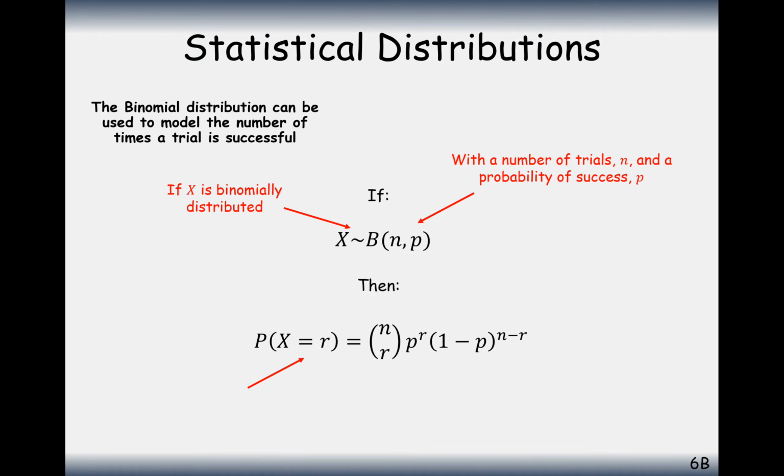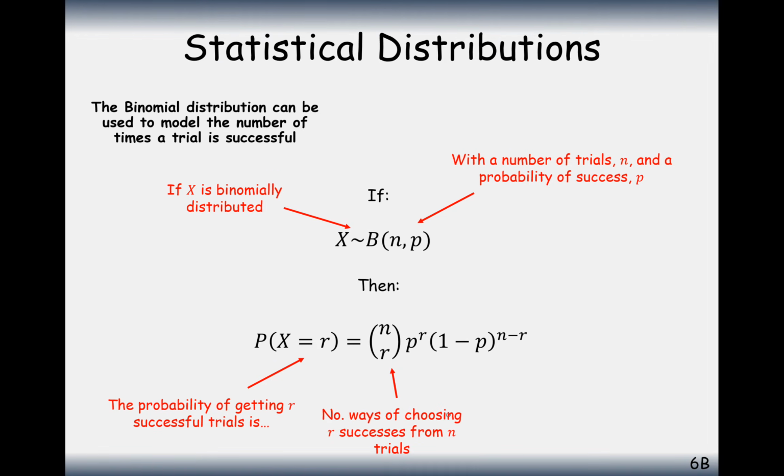So N is the number of trials, P is the probability of success. The probability of getting R successful trials is the number of ways in which we can order those successes and losses. So this here is effectively the number of ways that we can order those successes and losses.